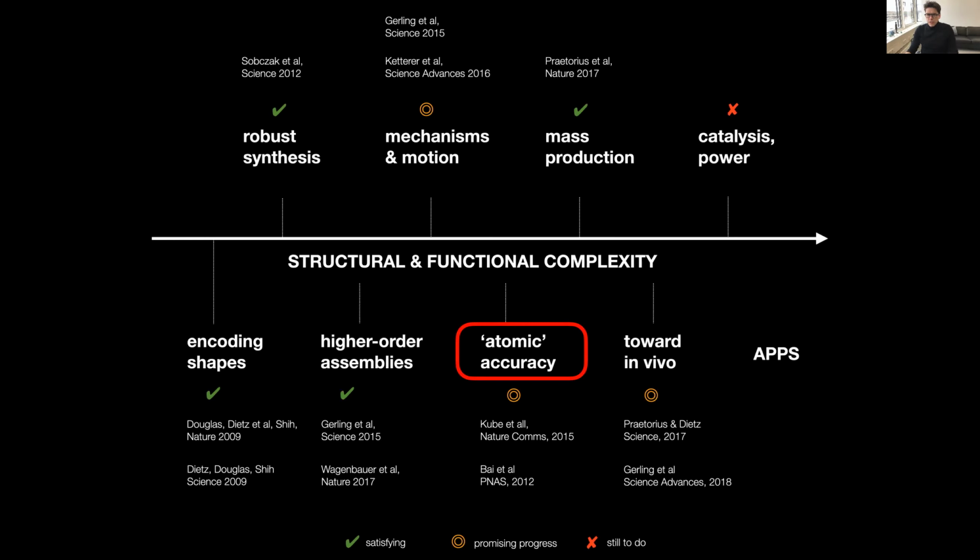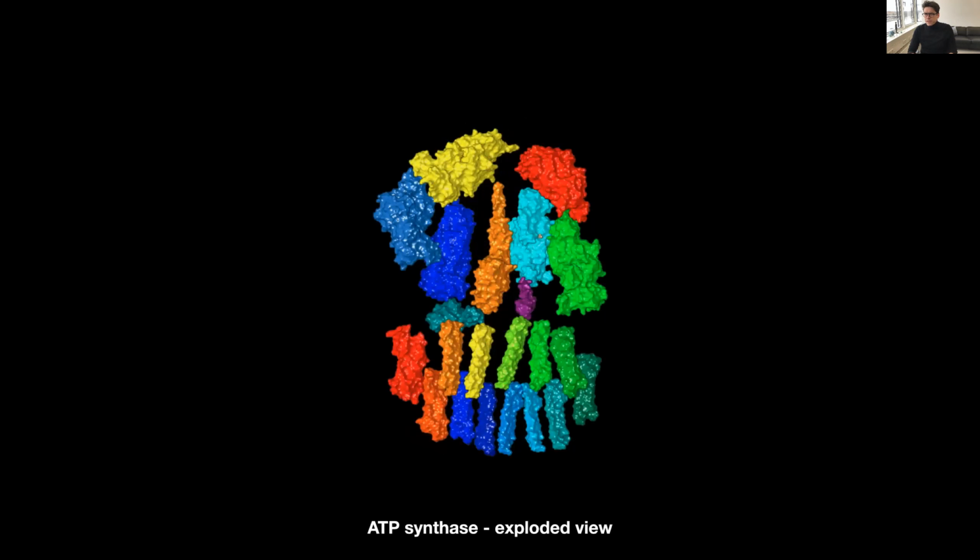They don't really do much. But when you bring them together, in this case they self-assemble into the functional structure, the ATP synthase can actually synthesize ATP molecules. So building higher order objects seems to have some power in general.